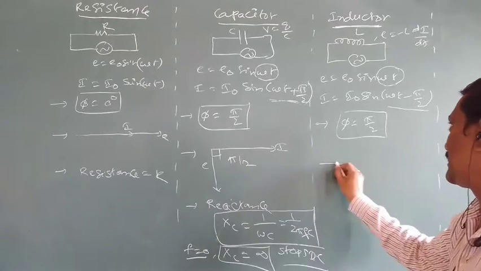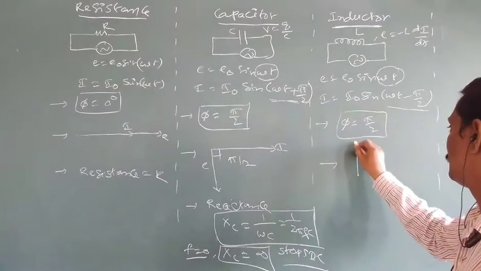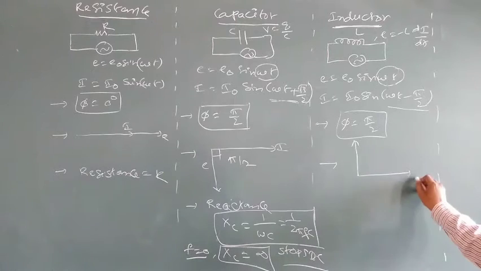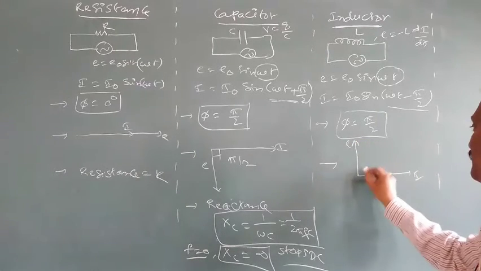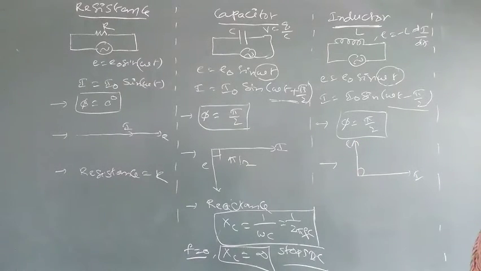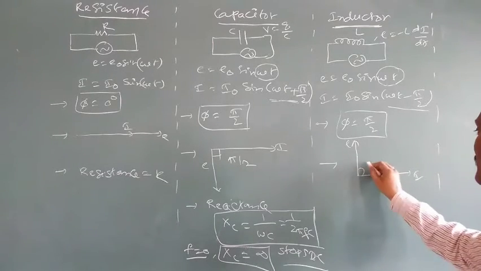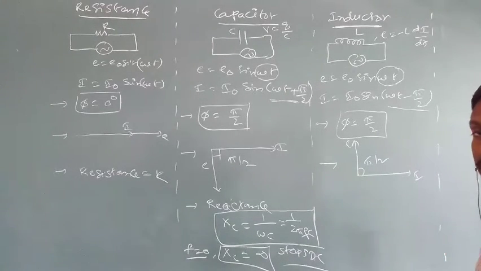In a pure inductor, the phase of EMF leads and the phase of current lags. Compared to the direction of current, the direction of EMF is ahead, more by pi by 2. Similarly, in the case of an inductor, the resistance of the inductor means reactance.